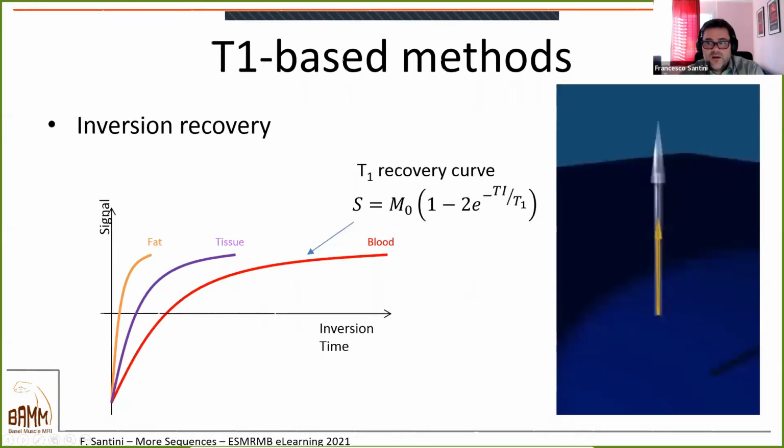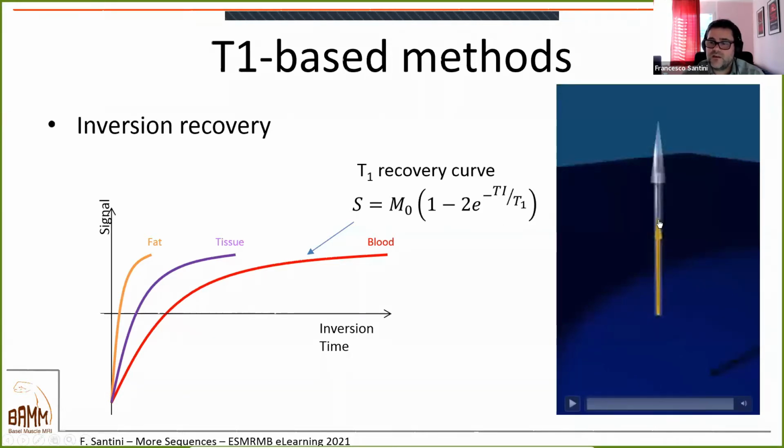After the frequency-based methods, you have the T1-based methods. And this is actually opening now a very broad class of sequences, which are the inversion recovery sequences. Before we actually do the excitation, we will apply an RF pulse that is a 180-degree pulse.